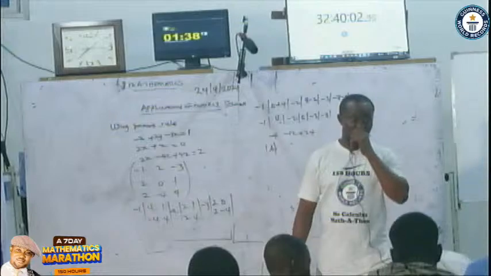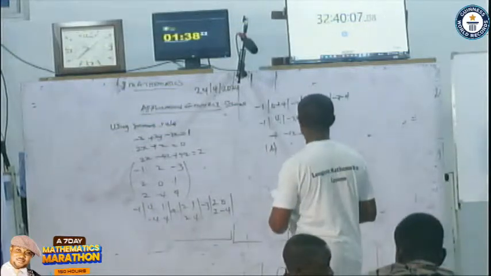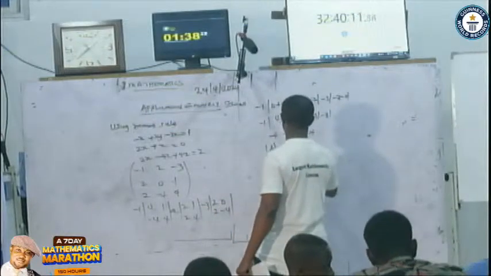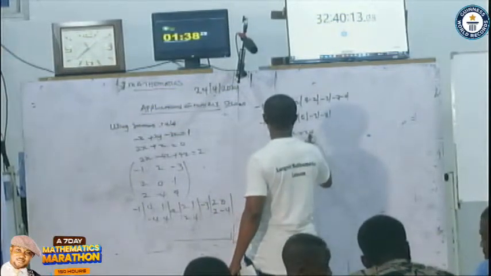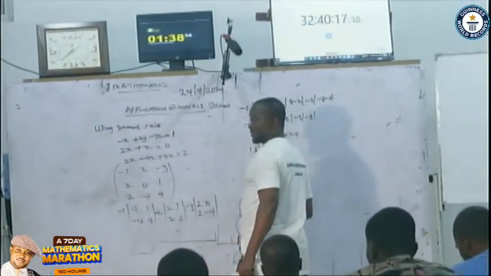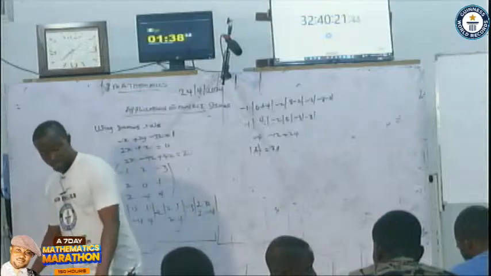So from that point we have minus 4 plus 4, this is 20. So the A determinant is 8. You have it? A determinant is what? 8.